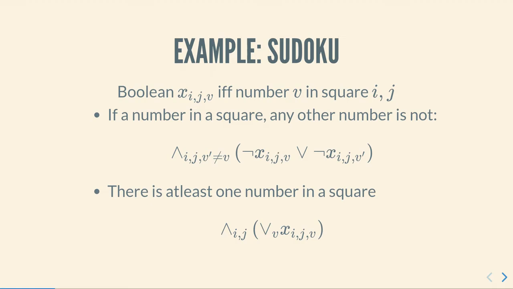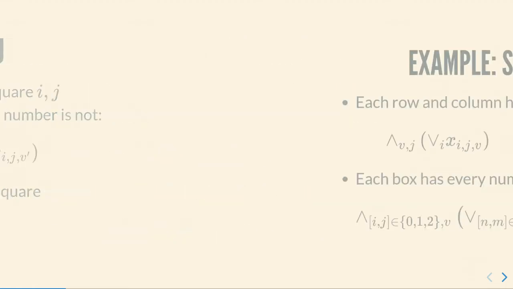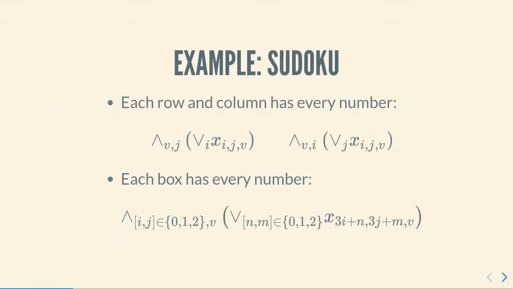Now additionally, we have the rules of Sudoku. Specifically, each row and each column has every number. So for all values v and for all columns j, the row i must have a value v. That is an AND over v and j, and then for each v and j, you have the OR over i of x_ijv.